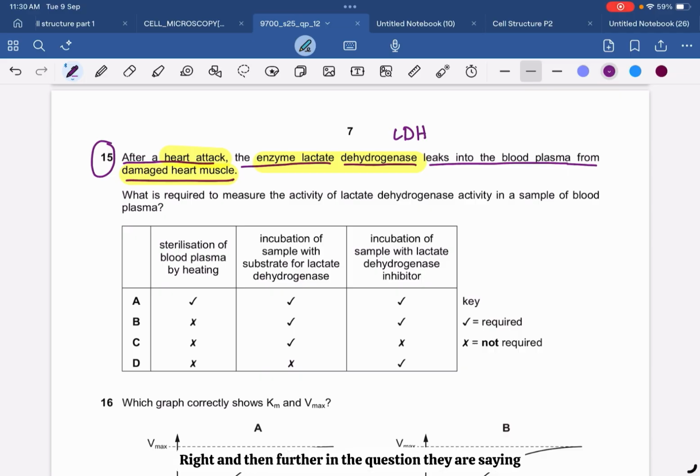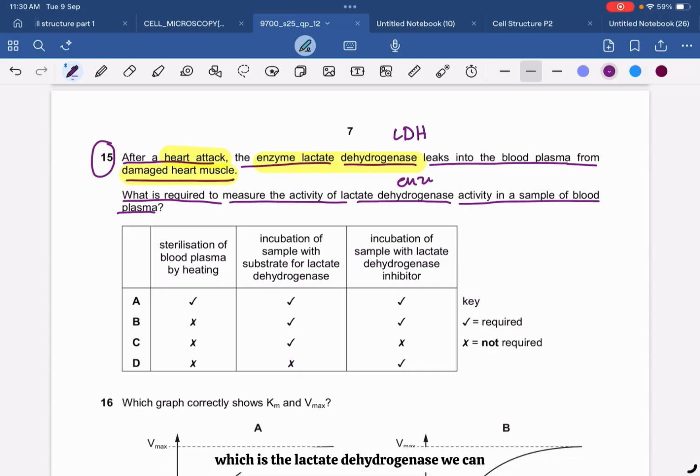Then further in the question they are asking what is required to measure the activity of the lactate dehydrogenase in a sample of the blood plasma. We know that to measure the activity of the enzyme, we can introduce the substrate for the lactate dehydrogenase in the blood plasma, and we can monitor the activity of the enzyme by it.